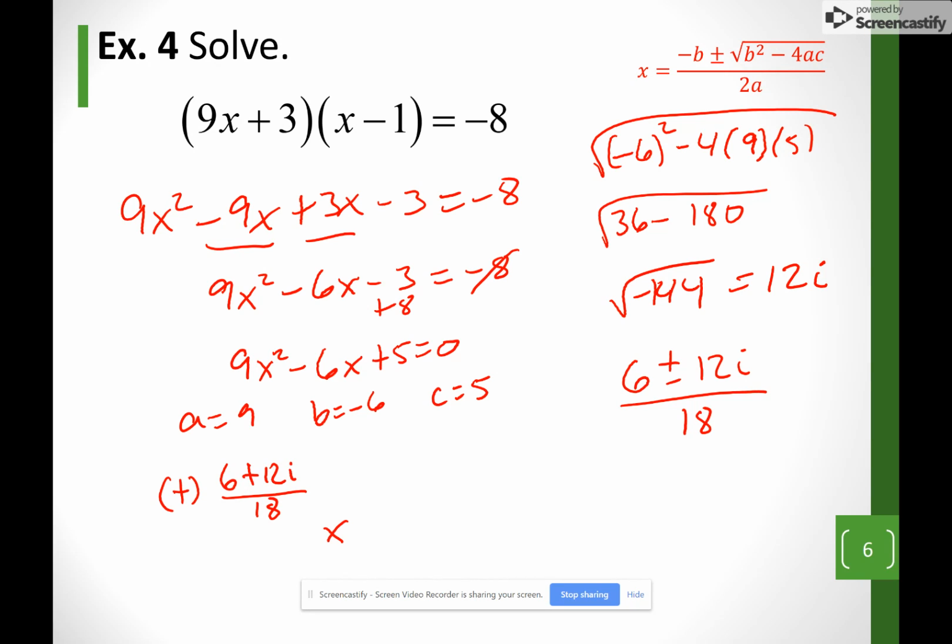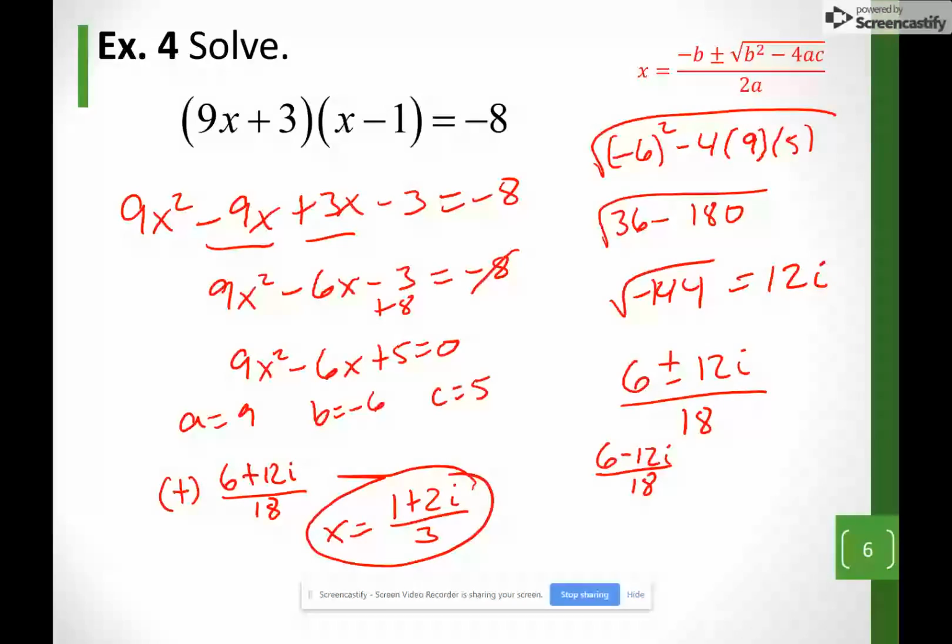So in this case, x is equal to 1 plus 2i over 3. That's one solution. Now, if I use the minus sign, I get 6 minus 12i over 18. Once again, I cannot combine the top, but I can at least simplify, divide everything by 6. And the other solution of x will be 1 minus 2i over 3.